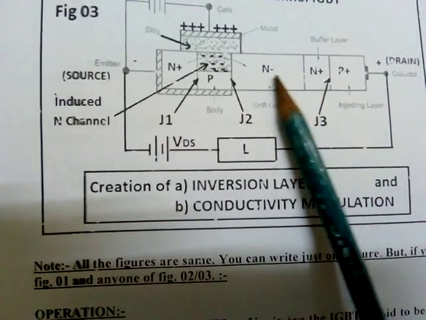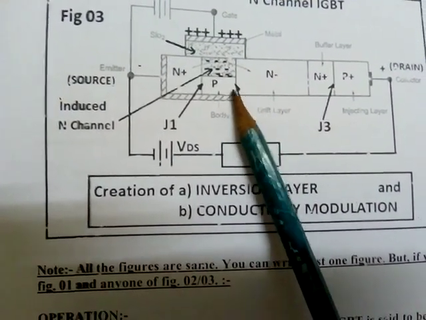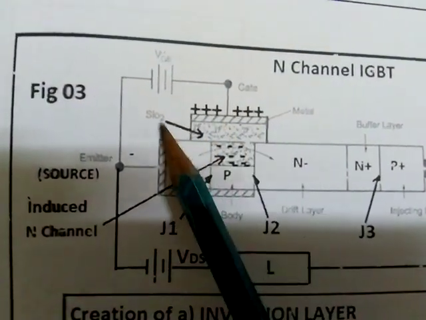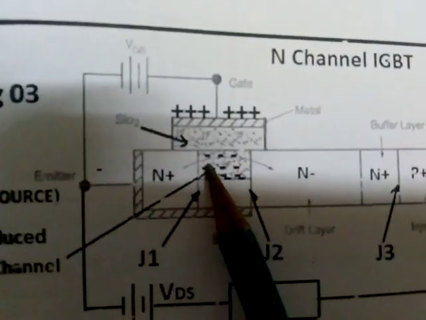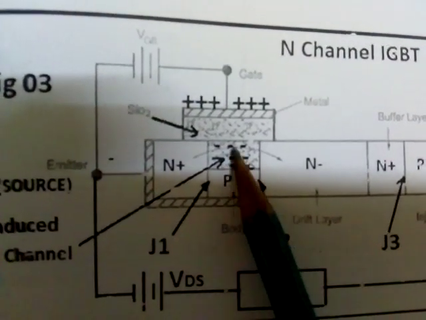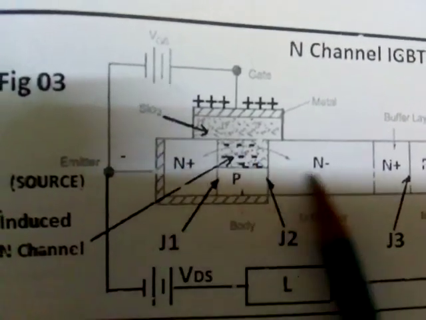This is forward biased, but from here to here it is reverse biased. So, when we give gate a positive voltage, a channel will be formed. Electrons will be attracted towards the gate. A channel is formed, hence it conducts.